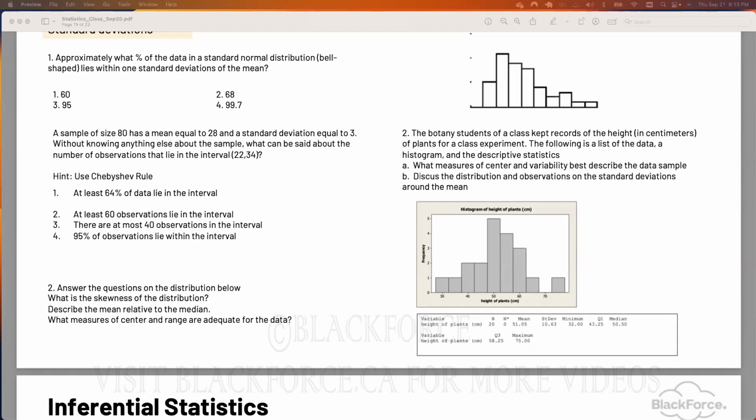James? Yeah, please go ahead. Okay, sorry. I thought you wanted to speak. So I am inclined to say it's 95% of the observations lie within the interval. That's number 2? No, that's number 3.